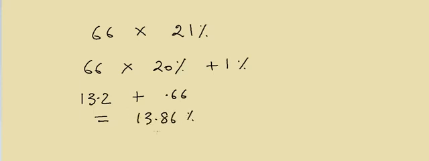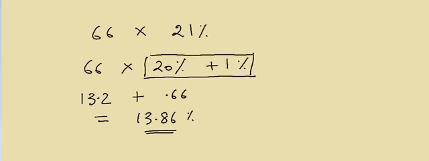Now mind you that right now we are splitting the percentage. We don't always have to split the percentages, we can also split the number itself. So let me do it this way. 60 plus 6, into 21%, right?